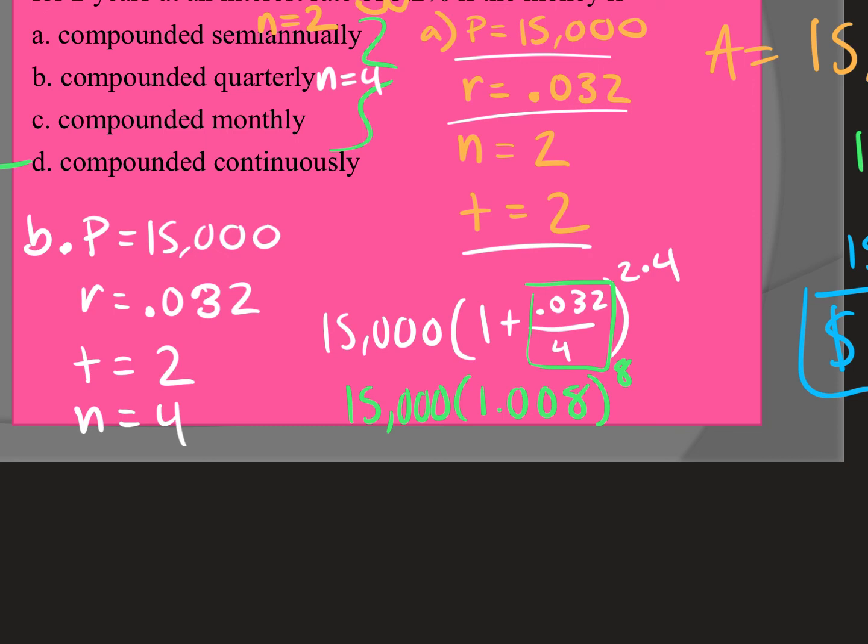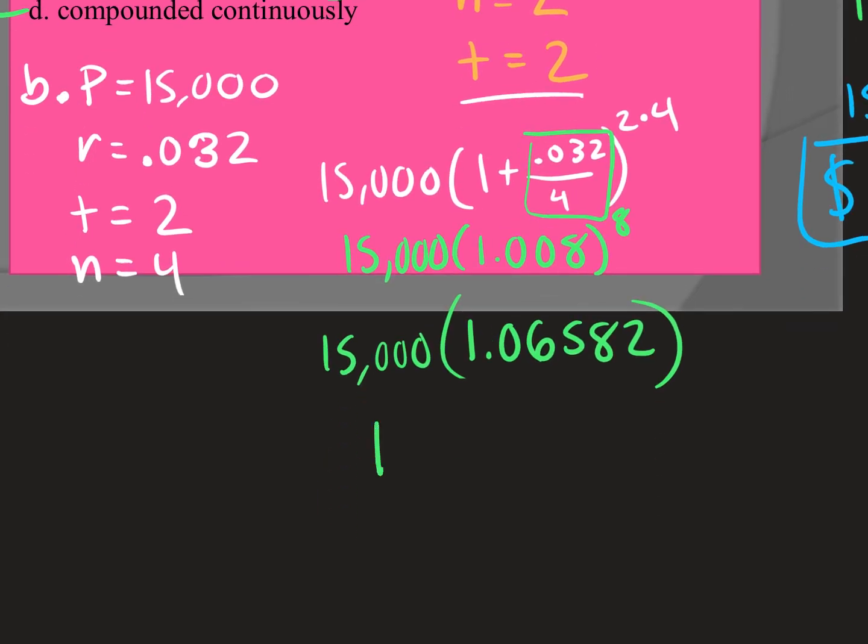So raise that to the power of 8. So that should give you 1.0582. And then last step, we just multiply. So times 15,000. So it should get 15,987.31.